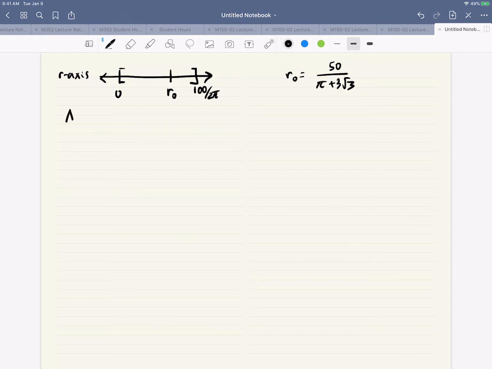So let's figure out what the sign of my derivative is. Well, I'm just going to pick some numbers. What did I say this was? This was approximately equal to 6. I'm going to pick some numbers that are on either side of my r0 and see what the sign of my derivative is.